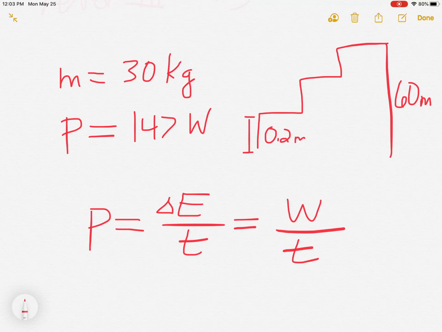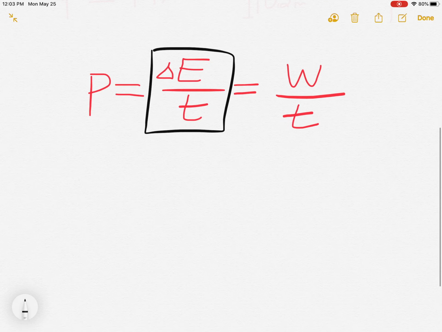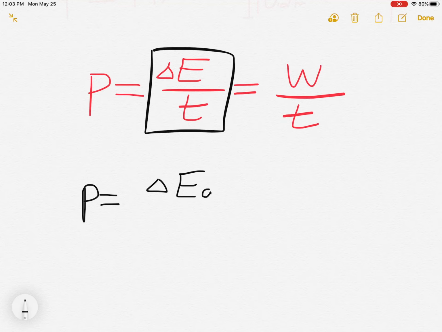But this time, since we're talking about heights, that makes me think I'm going to look at gravitational energy. So I'm going to use that power is the change in, and what kind of energy is it? Well, if I'm going upstairs, I'm changing my EG, my height, right? So it's the change in gravitational energy over the time.